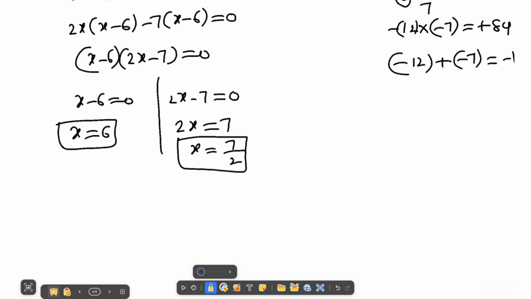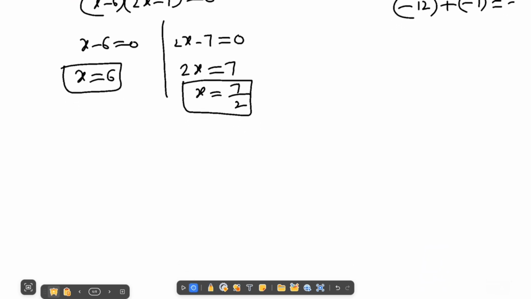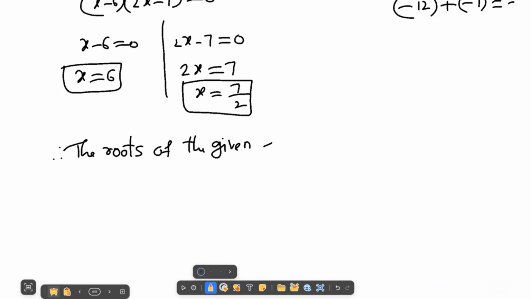So the zeros, the roots of the given equation, are 6 and 7 by 2. So these are the roots.